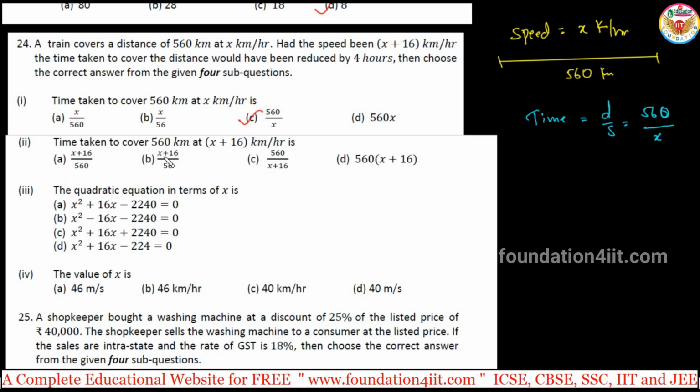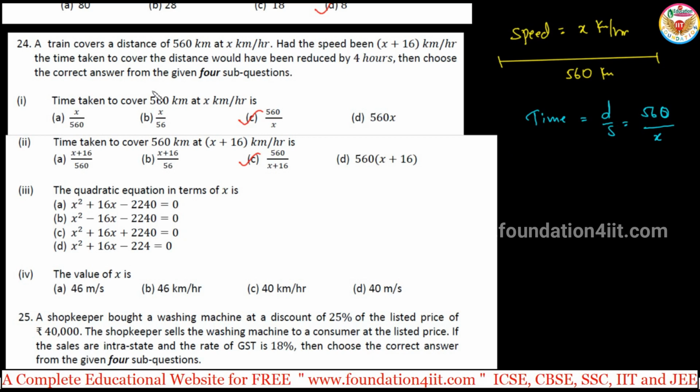Time taken to cover 560 kilometers at x plus 16 means 560 by (x plus 16). It is the same distance, giving a quadratic equation in terms of x. The condition is that the time will be reduced by 4 hours because the speed is increased. At the speed x plus 16, the time taken to cover the distance would have been reduced by 4 hours.